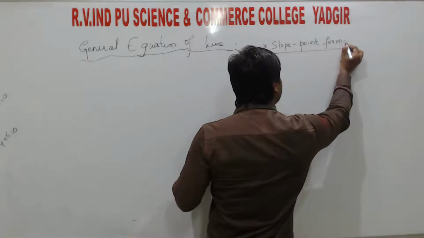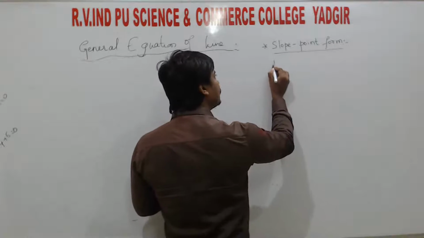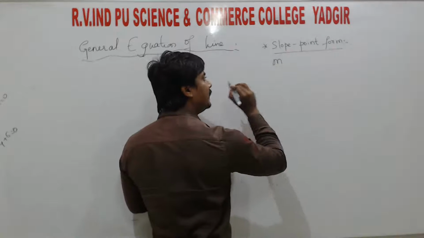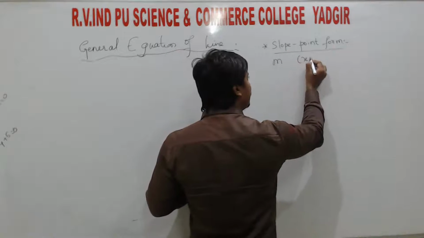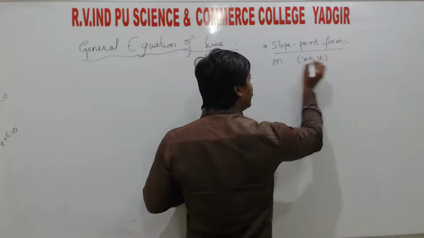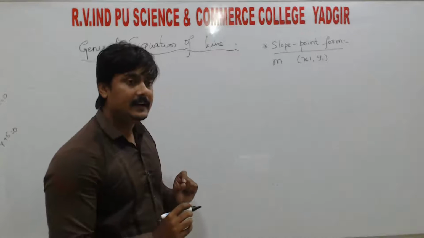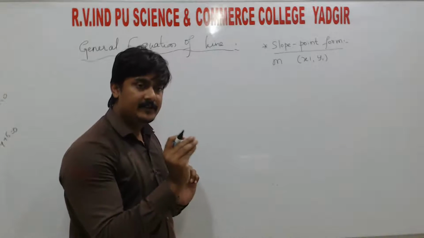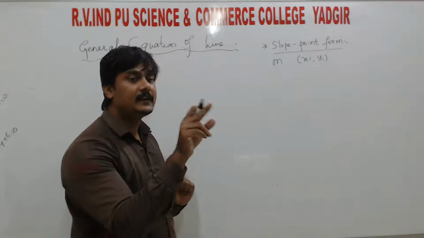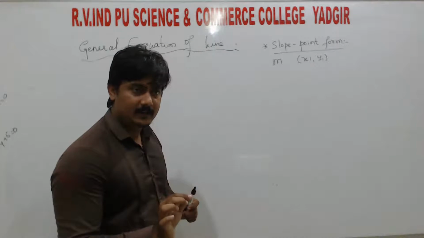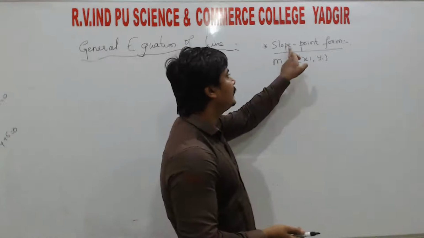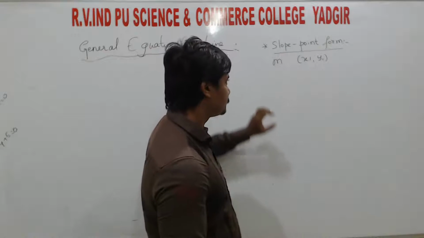When do you make use of this equation? When the slope of the line m is given, when coordinates of one point x1 y1 present on the line are given. Which equation we use depends on what data is given. So when were we using slope point form?